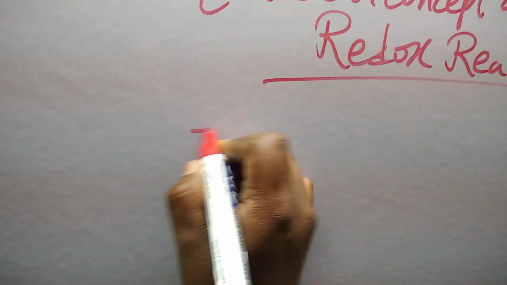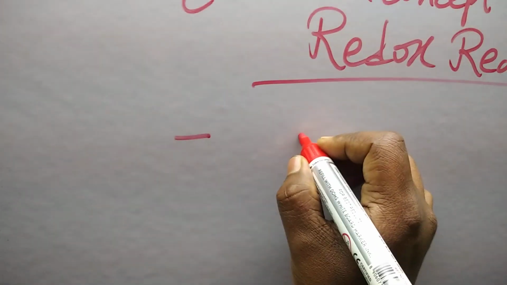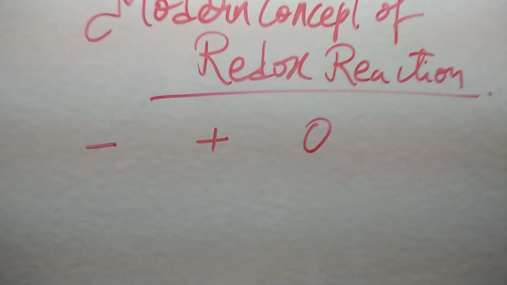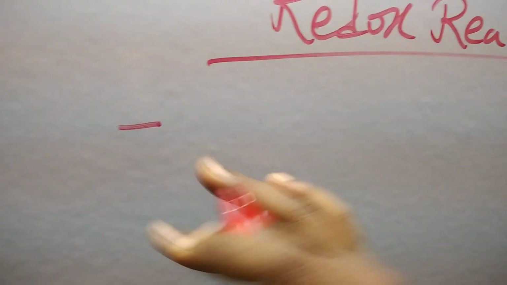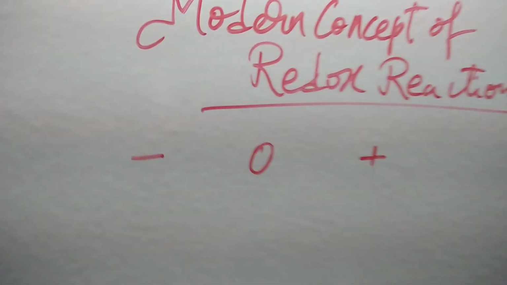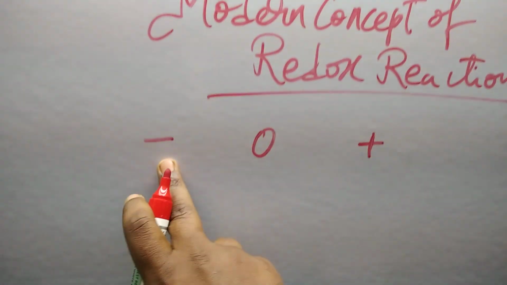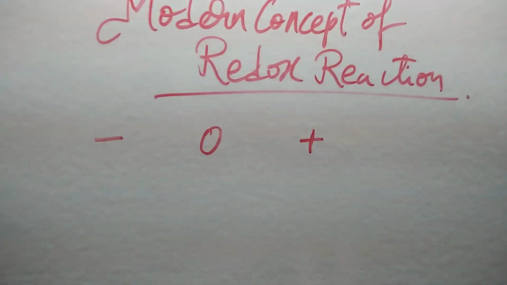For electron we denote a minus sign, negative. For proton we denote a plus sign, and for neutron it is 0. Let's write it like this, 0 and plus. This we learn, that is negative, neutral and positive.